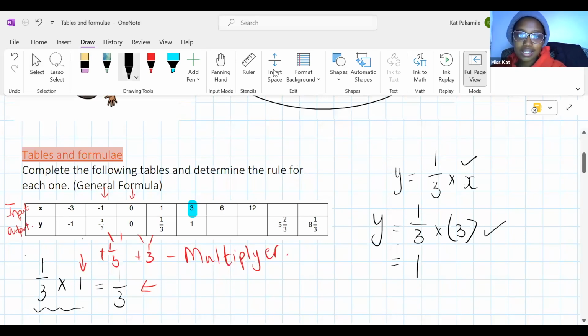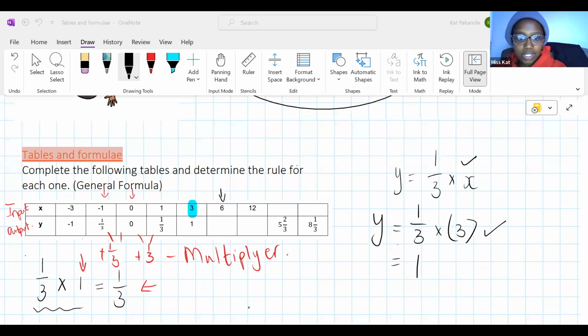Do we see that? Now we can fill in the rest of the table using the formula that we have just established. Tell me, for an input of 6, what will my output be? Yes, Karabo, you guys are getting it.